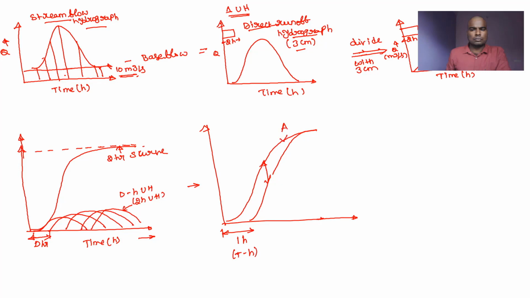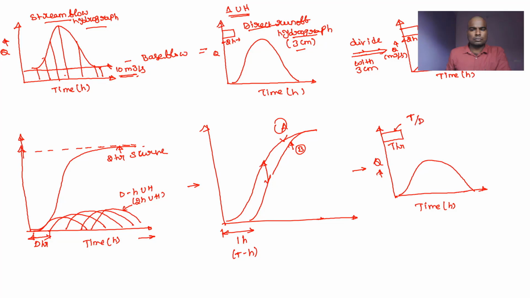Let's say this is A, this is B. From there, we will get the DRH of T hour with the intensity of T by D. So this is a direct runoff hydrograph.